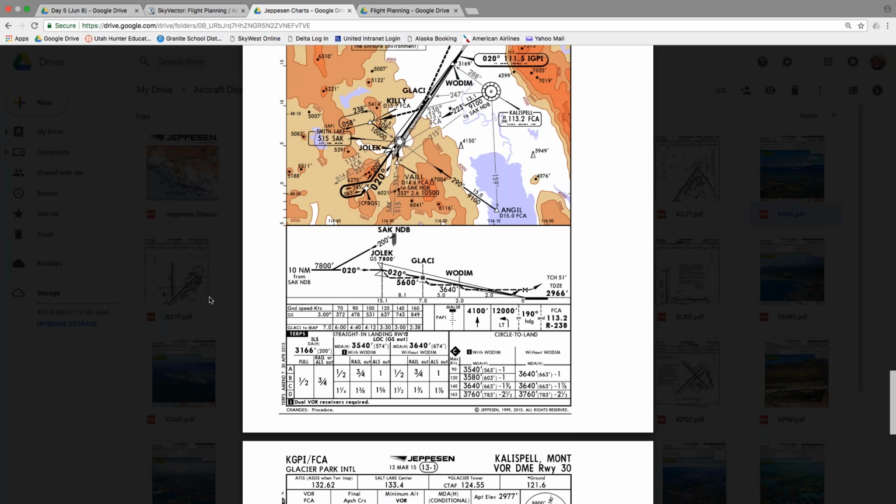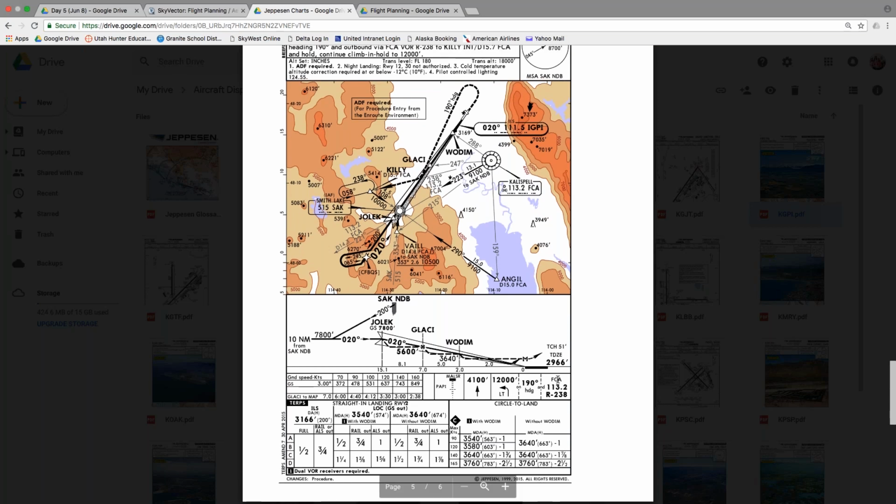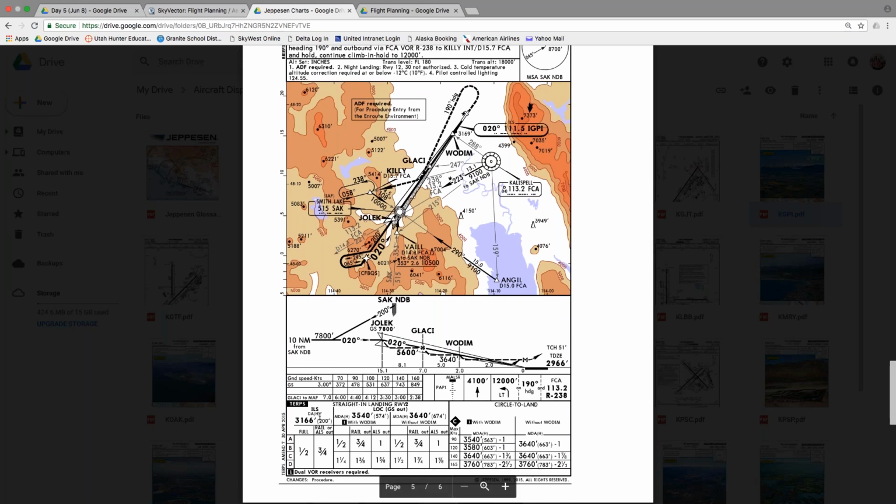It says 3166, that's the decision altitude. So if we take 3166 and take the runway elevation of 2966 and subtract it from that 3166, 200 feet. So the altitude is the altitude above sea level. The decision height is 200 feet above the runway. Okay?